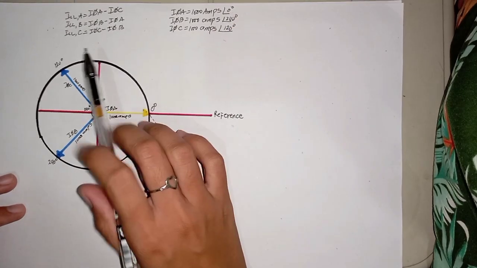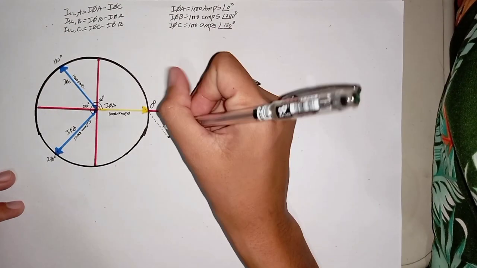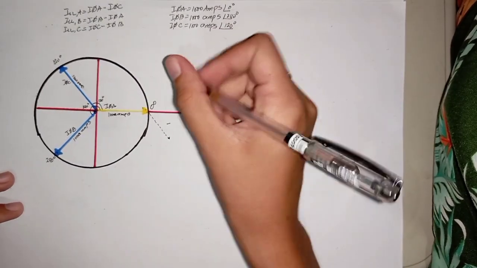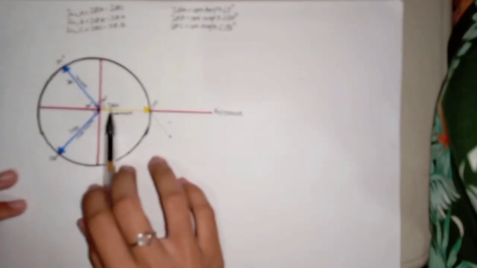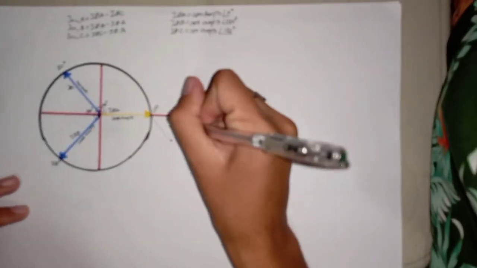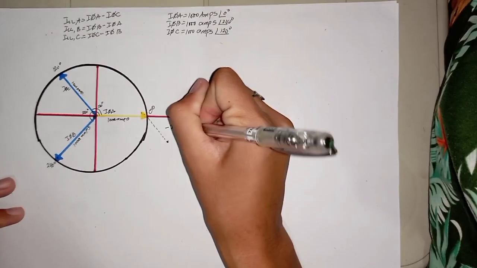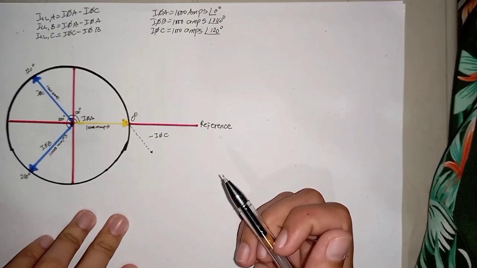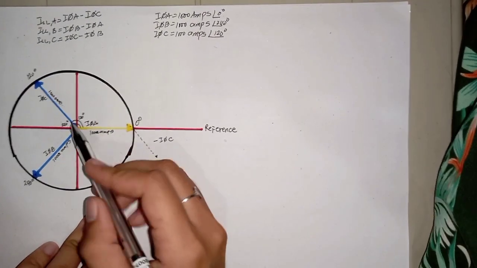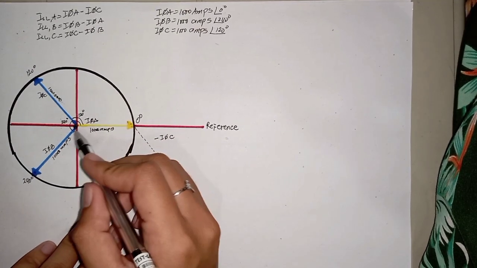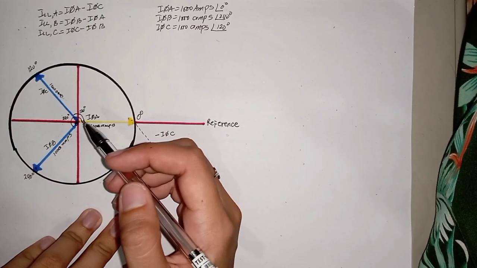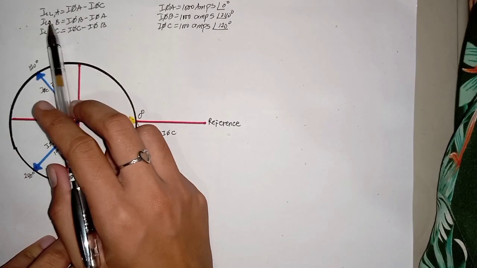So this is negative, this is our phase current A, and this is our phase current C. So the resulting vector will be here, our line-to-line current A.